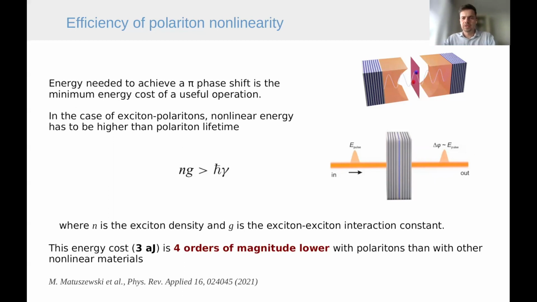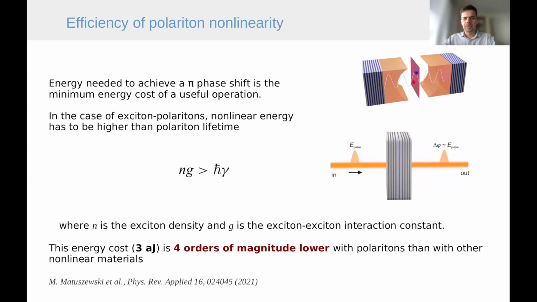So we imagine a simple experiment where we have an initial optical pulse, and some system like a microcavity, maybe a polariton microcavity, and then at the output we have the same pulse but with some phase shift that is dependent on the energy of the incoming pulse.